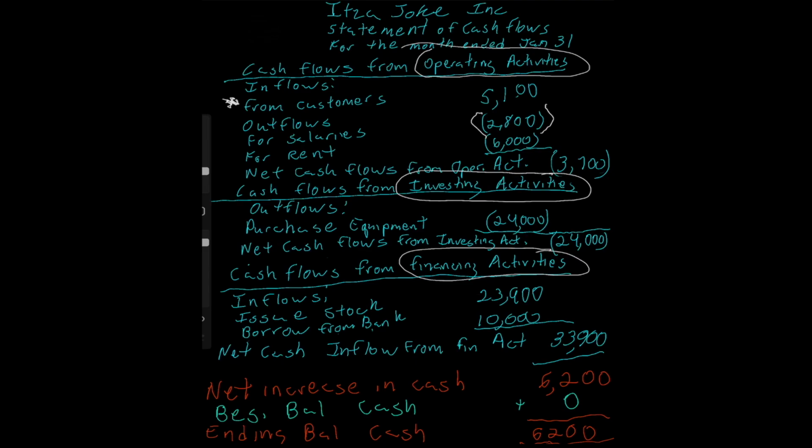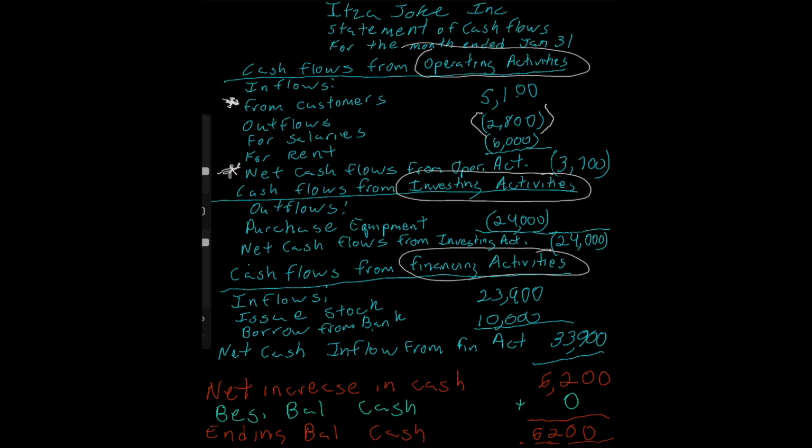Those are considered outflows, and that's why they're being subtracted. Then once we get our total outflows, we just add up the inflows and the outflows from the period. And as you can see from our operating activity, we have a net cash flow from operating activity of $3,700. And that happens to be an outflow because it's a negative number. So we paid more cash than we received.